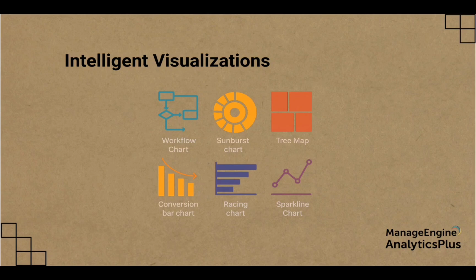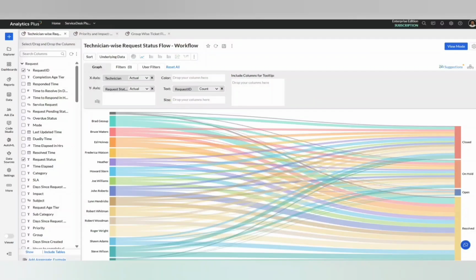Next up, we have introduced several new chart types in Analytics Plus 6.0 to help you tell better data stories and uncover meaningful insights. Let's start with the workflow chart. A workflow chart is a visual tool that maps how tasks or items, in our case, support tickets, move from one state to another.